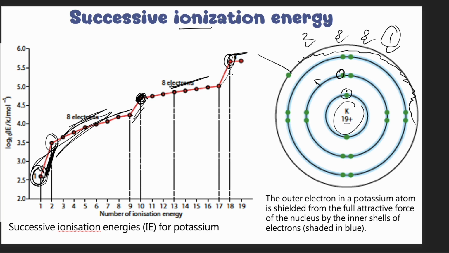So you can determine the period, okay? And the first few electrons that are easy to remove, like in the beginning, will determine which group. So you can find out what element that is through the group, using this figure.